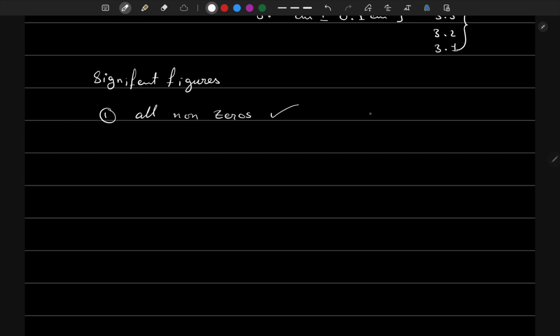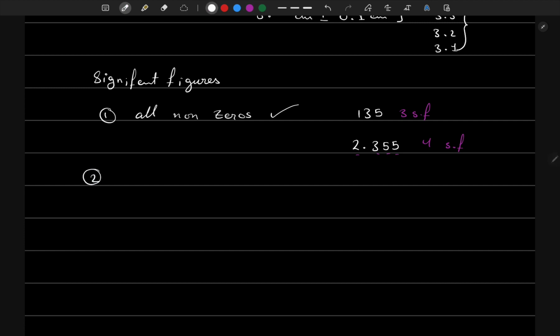For example, 135 has 3 significant figures, and 2.355 has 1, 2, 3, 4 significant figures. And so this is the first rule. Any number that is not a zero is counted as a significant figure.